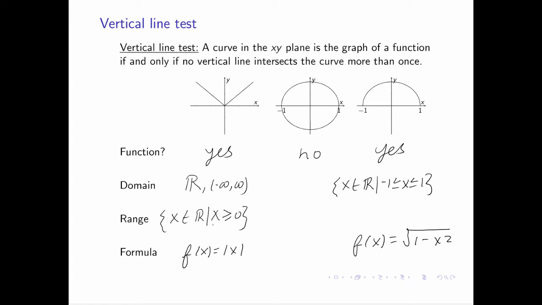We could also write that as the interval [0, infinity). You don't need to write it using both notations, but I'm just showing them here. On the right hand side, the range is y a real number such that 0 is less than or equal to y is less than or equal to 1. So I could also write that using interval notation as the interval [0, 1] with closed brackets.